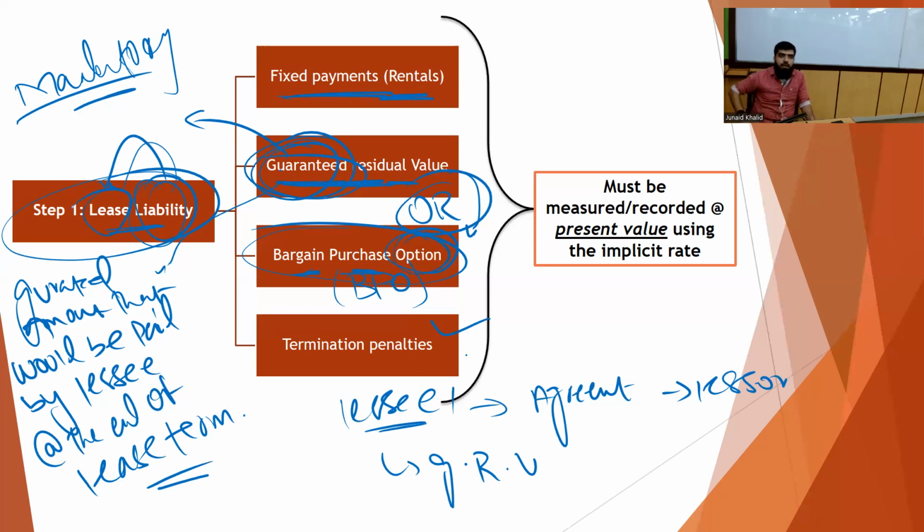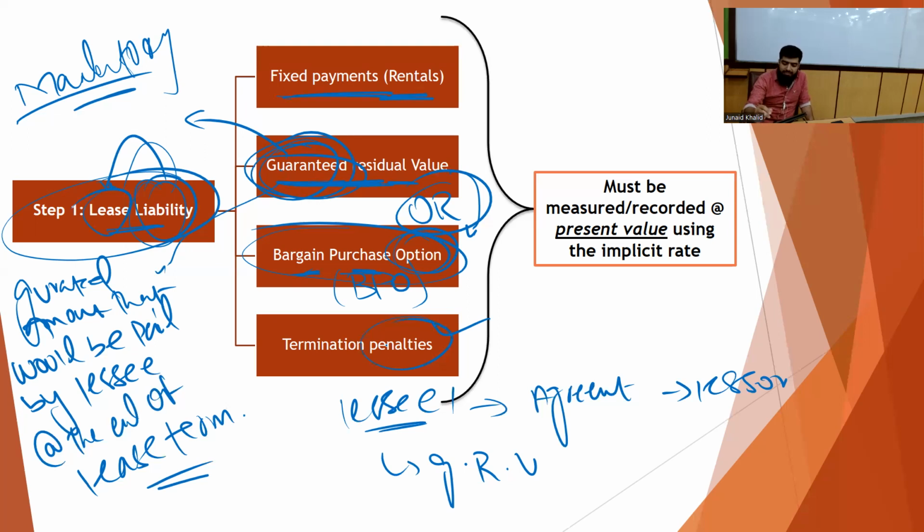On the basis of past experience, we had multiple lease commitments, but during the lease commitment we had some breaches or some non-compliance of the agreement, because of which we need to pay penalties. If the lessee thinks that there will be some penalties to pay, again that is an obligation on the lessee because of that lease agreement. So this would also become part of your lease liability.